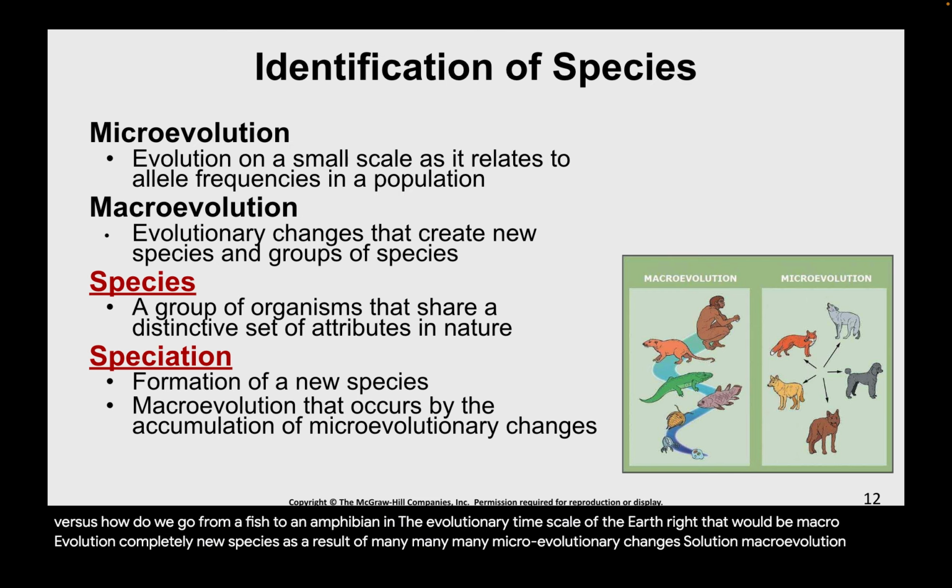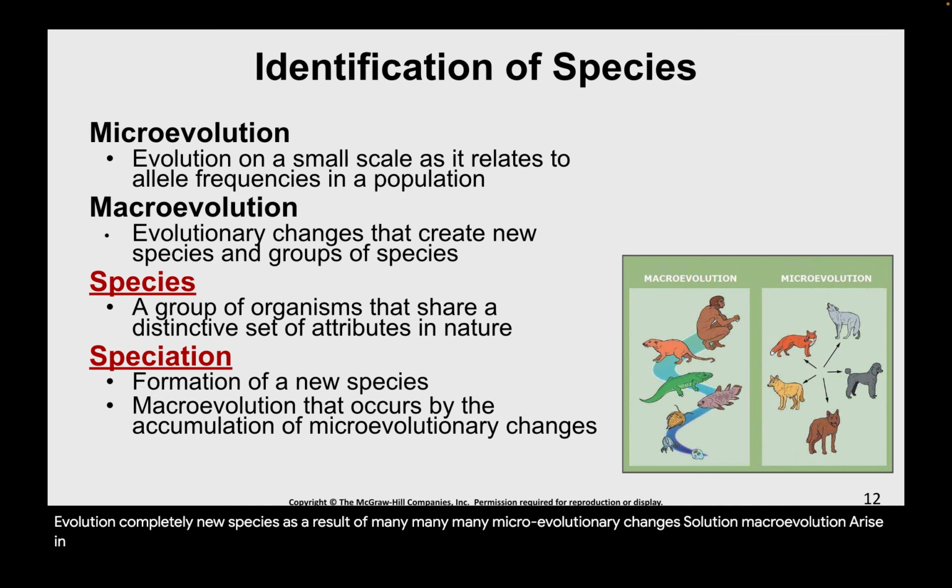Macroevolution is where a completely new species arises in the evolutionary chain of things. A species is organisms that have common attributes, and speciation is the process of making that species.